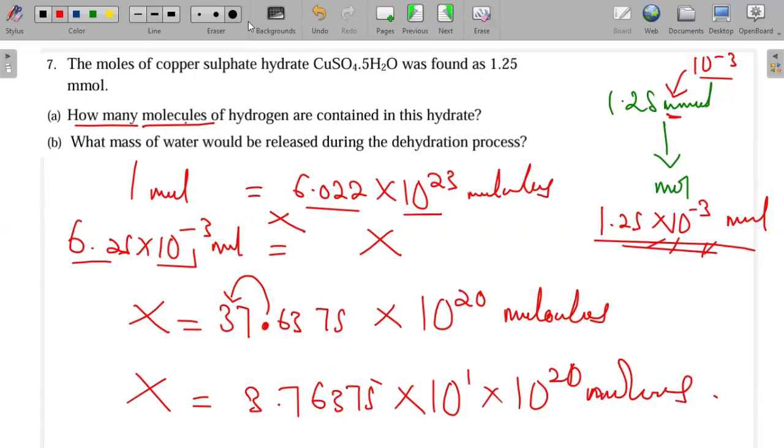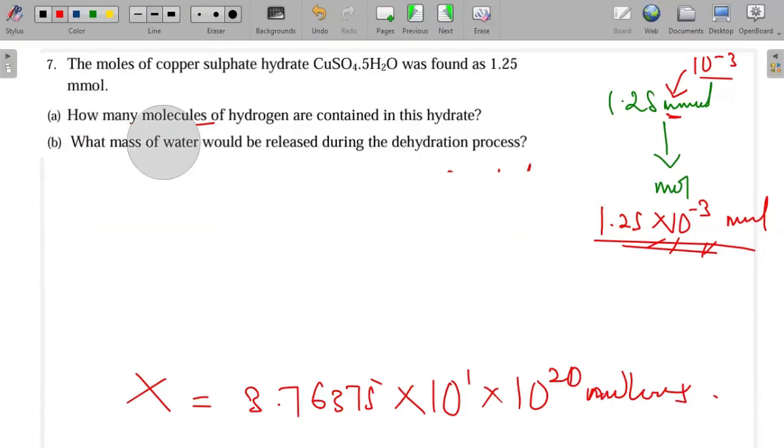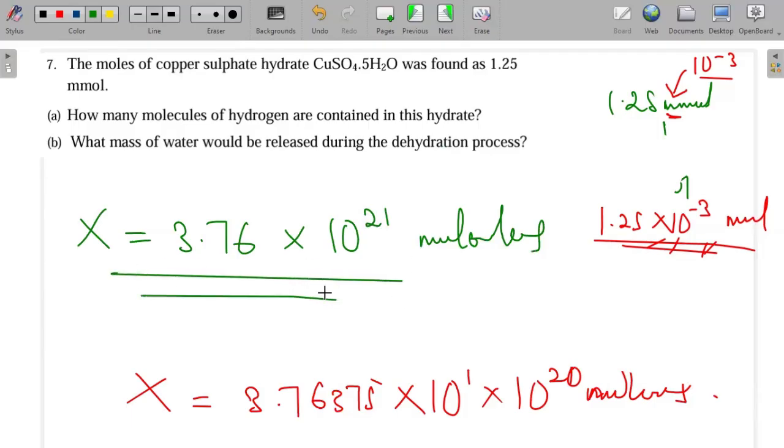Okay, so we can add those, or combine the 10s to the power something. So what are we going to get there? We're going to get x is equal to 3.7. Okay, I can round it off to 3 significant figures: 6 times 10 to the power 21 molecules of hydrogen. So that's how we find the answer there.